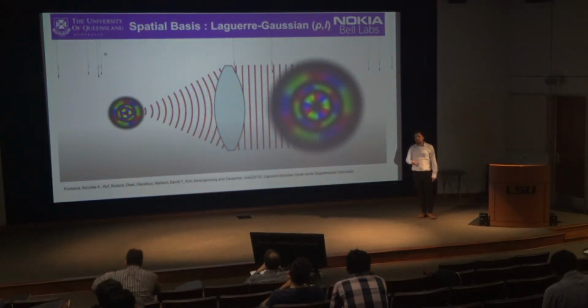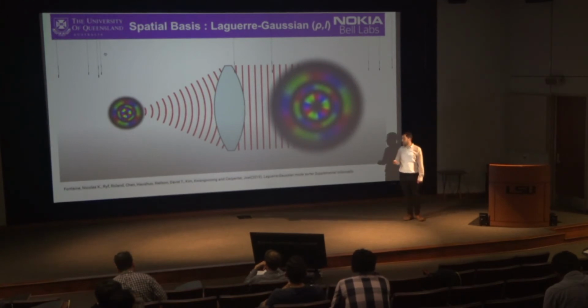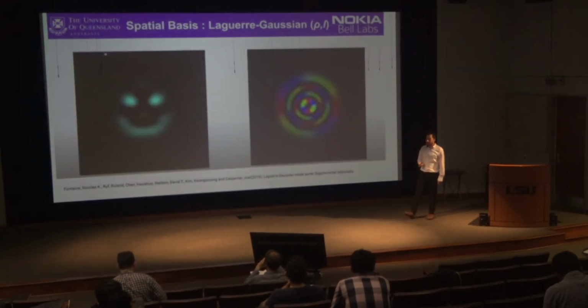But these fundamental eigenmodes such as Laguerre-Gauss and Hermite-Gauss, when they are propagating, they get larger and larger, or when they go through these ABCD elements such as a thin lens, they just change their size, but they maintain their shape.